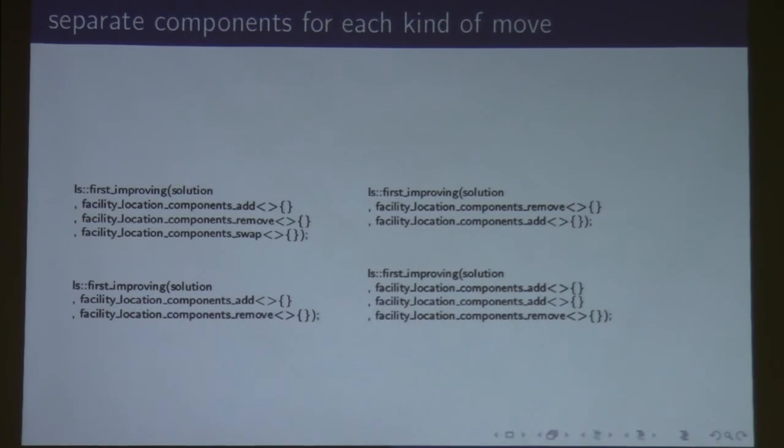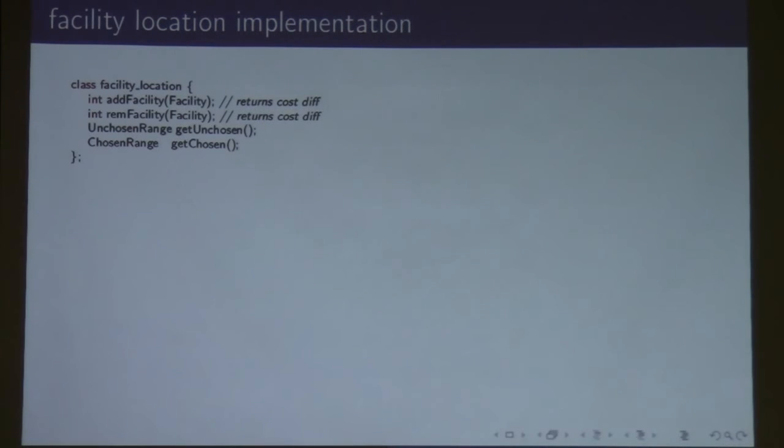And this is actually the end of the design. So now I want to show you a typical implementation. We always need the model, the class which represents our solution. And in this case, we just introduced an interface which has four member functions.